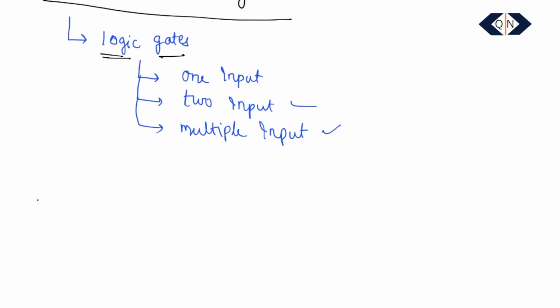Going first, we will look at single bit gates. We will give it one input and it will produce one output.